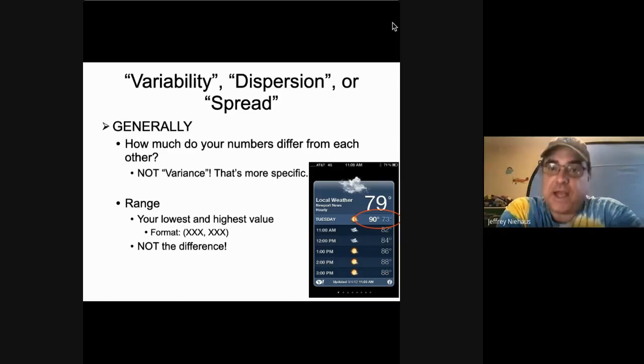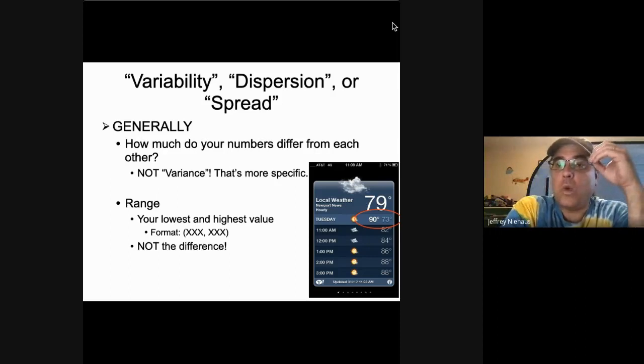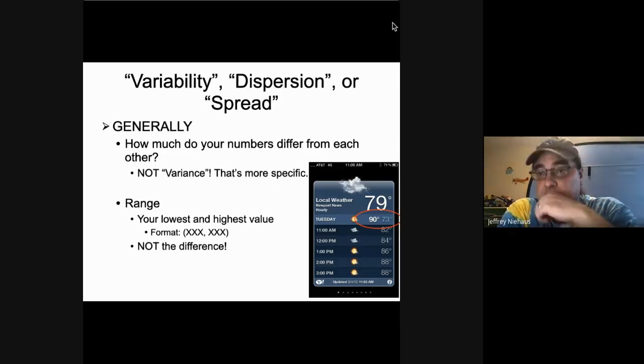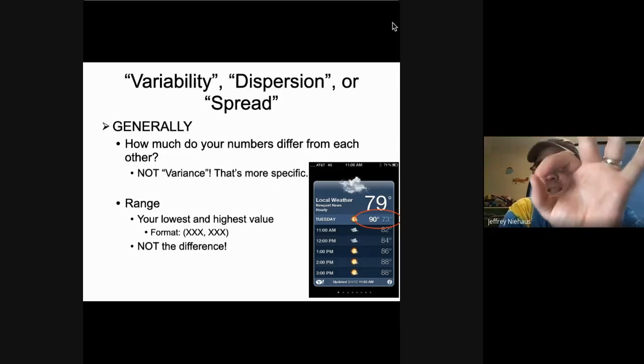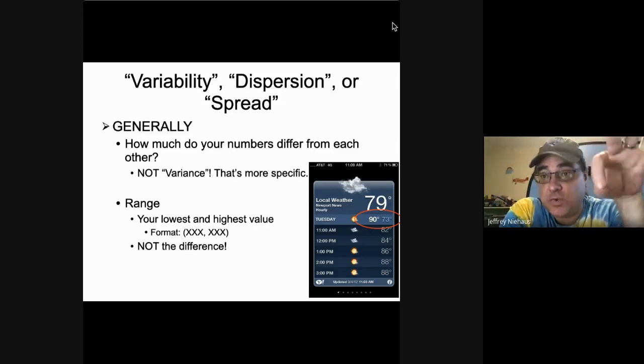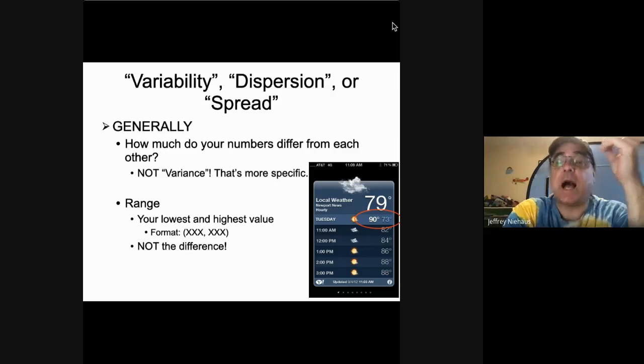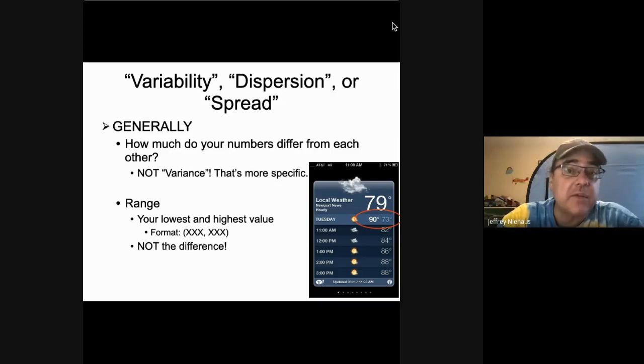And the reason for that is this, and this is also going to get into our significant figures talk. But when you express a value of 90 degrees in temperature, what you're actually expressing is, I would have said 90 degrees if the temperature was anywhere in between 89.5 and 90.5. Any value in that entire range would have been expressed as a 90. So you've actually got a half a degree above 90 that is a part of this range.